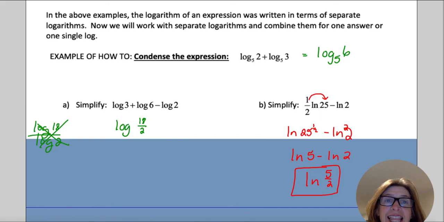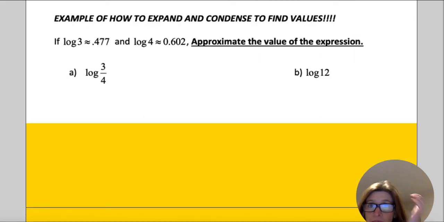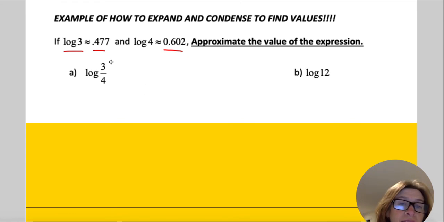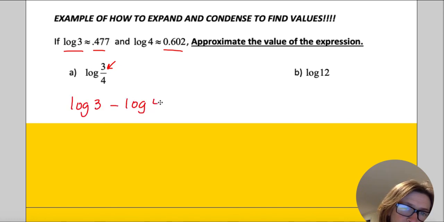All right, the last thing you can do with these properties that I want to review today is approximating values using possible values for logs. So if I give you log base 3 is approximately 0.477 and log base 4 is approximately 0.602, well, you can use what we're learning about logs to help us here. So if I look at this log, it's division, so I can rewrite it as subtraction.